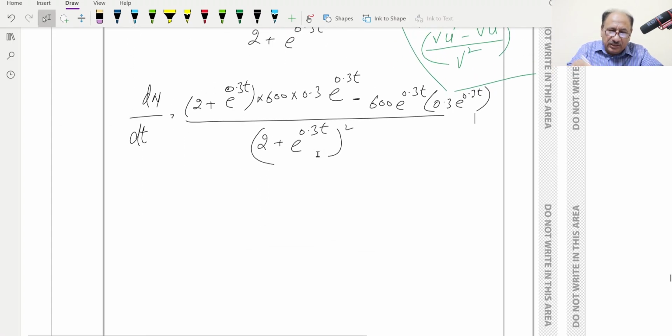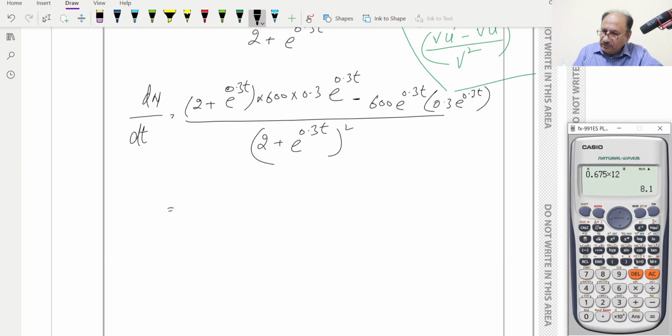After taking this derivative, we can multiply 600 into 0.3.